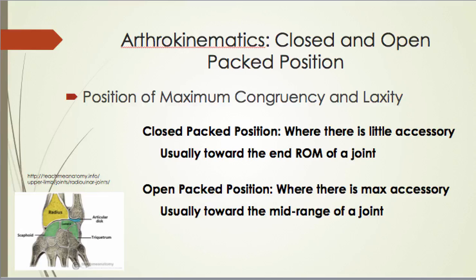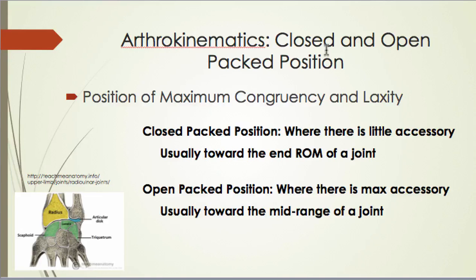Okay, so we touched on this a little bit a couple of minutes ago, but the position of maximum congruency, when we talk about that, we're talking about the difference between the open and the closed pack position of a particular joint.